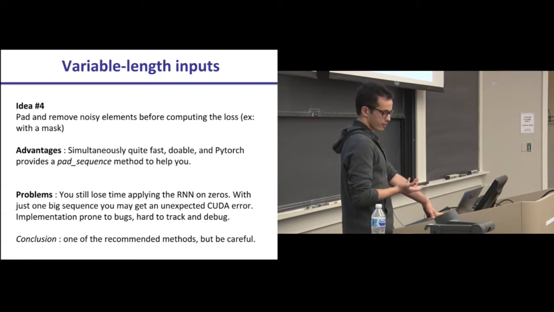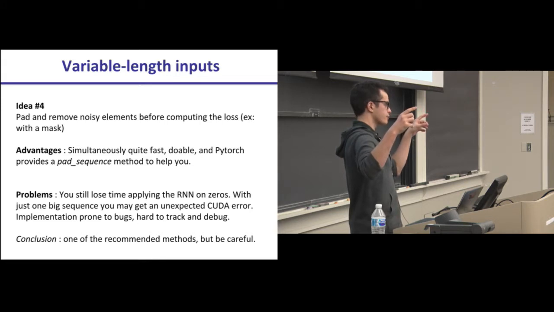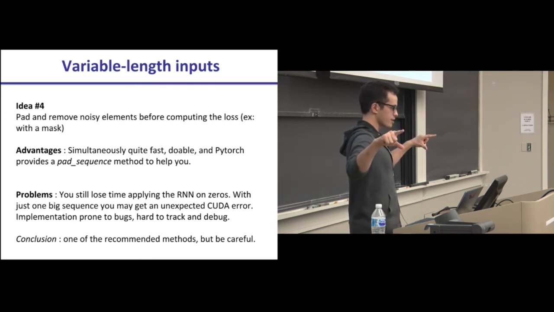You still have some problems with that. One of them being, if you pad, you end up with a batch where one of the dimensions would be the length of your longest input. So if you had one big sequence, you end up with one very big matrix to manipulate, and you can end up with an unexpected out-of-memory error at any time.